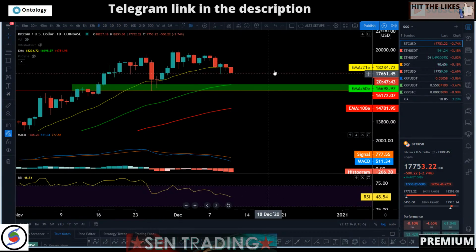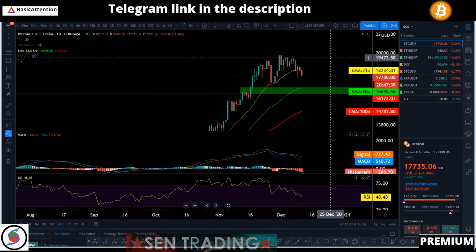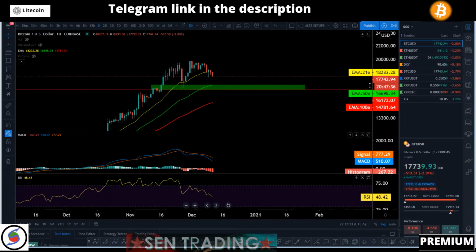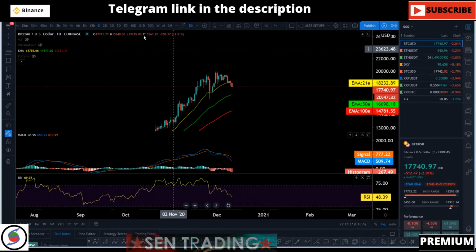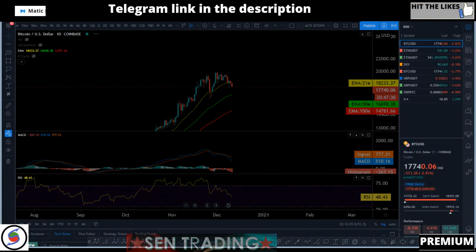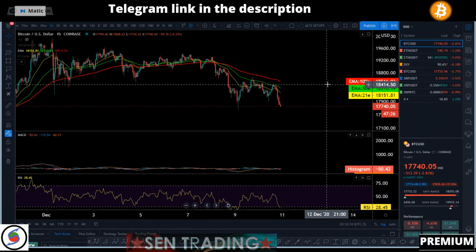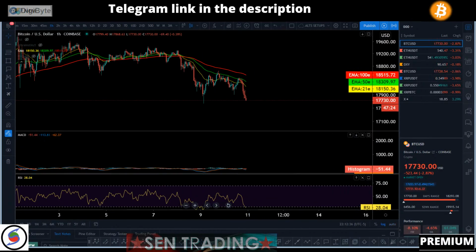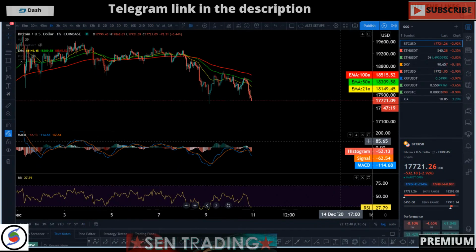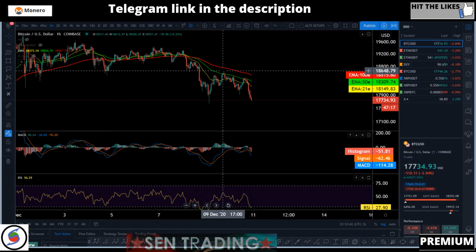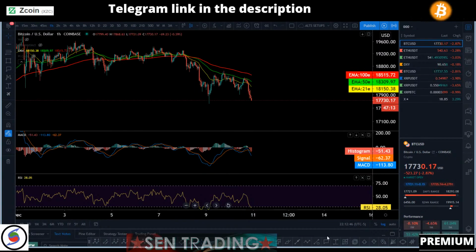But let's see. Lower degree is showing a possible support on the hourly basis. Let's take a look at the good stuff now. On the hourly basis, it doesn't look that bad. Over 24 hours ago, on the 9th, the 10th, we said be cautious. Why be cautious?